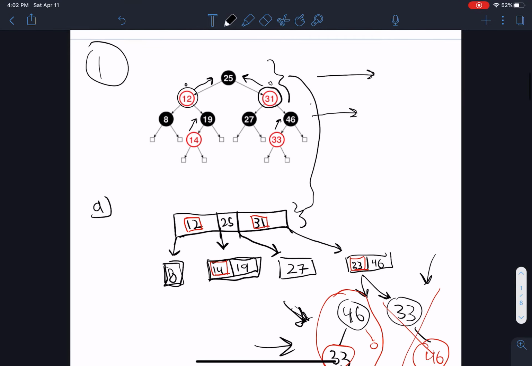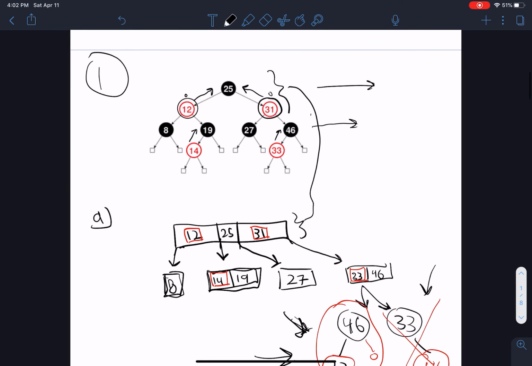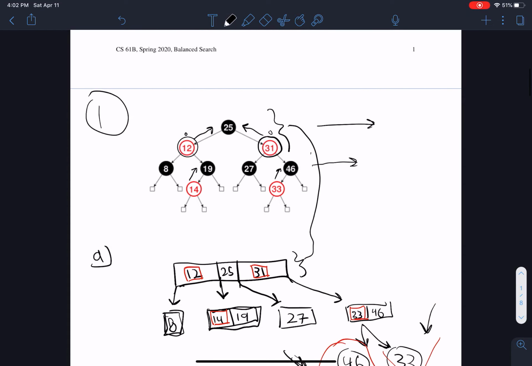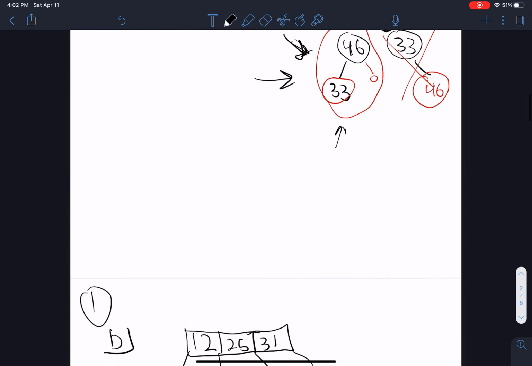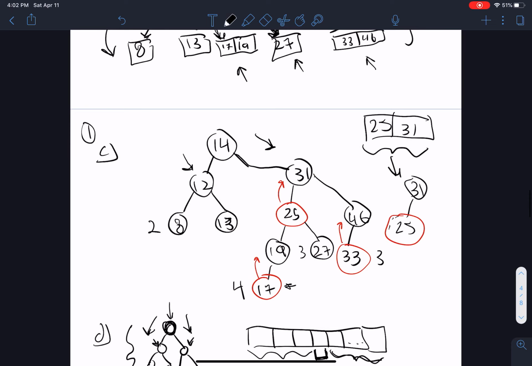So basically, if it's a double stuffed node or a triple stuffed node, it still adds 1 to the height. The only difference is that the triple stuffed node has a left and a right child. So it has the 12 and the 31, whereas the 25, 31 node just has the 25.